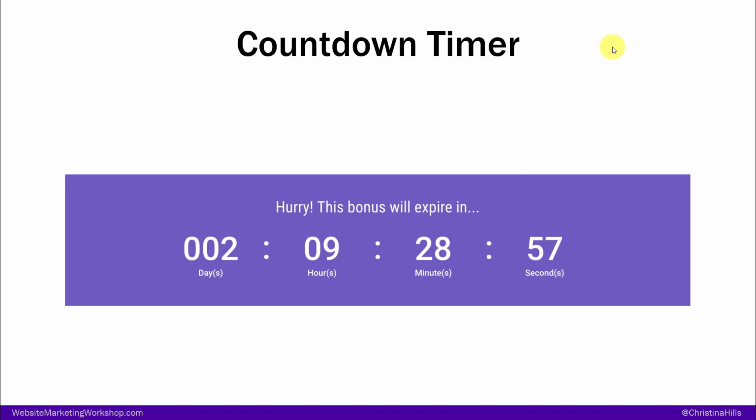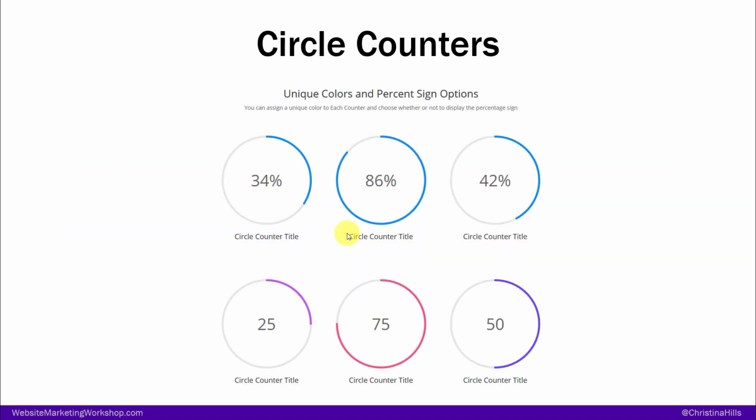This is another one that I love, the countdown timer. So you could have a bonus expiring or a discount expiring, and you just tell it the date it expires and it puts up a countdown. Then there's also circle counters, if you've got some stats you want to show people.